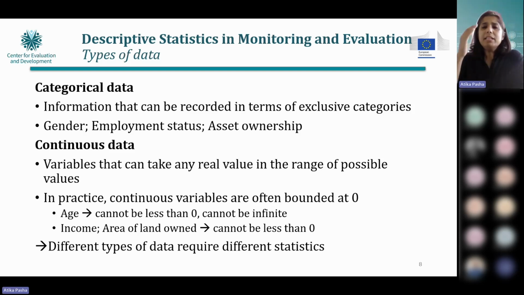These are exclusive categories, and it implies that you can have one of 2 or one of several values. When we talk about one of 2 values, we're talking about something like gender. Are you male or are you female? That is a category which you've allocated to individuals.